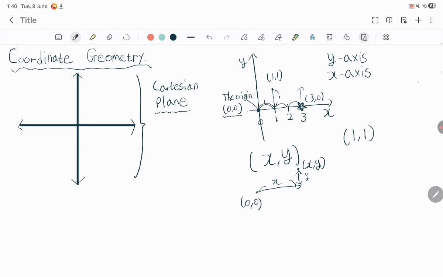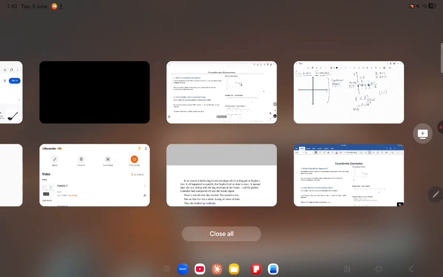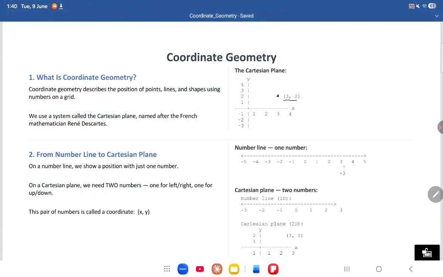So let's study this one with another material that I prepared. Coordinate geometry. I just figured it might be better to use this instead of just my handwriting or files or PDF files, to make things easier.